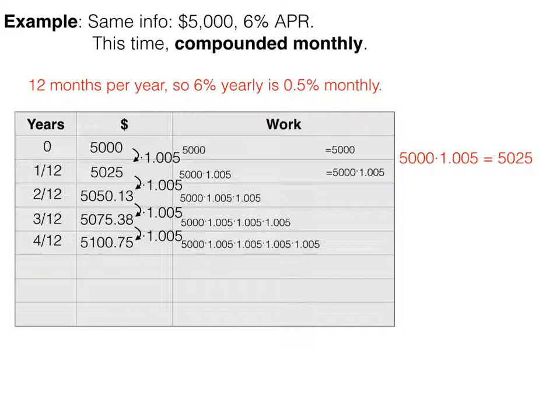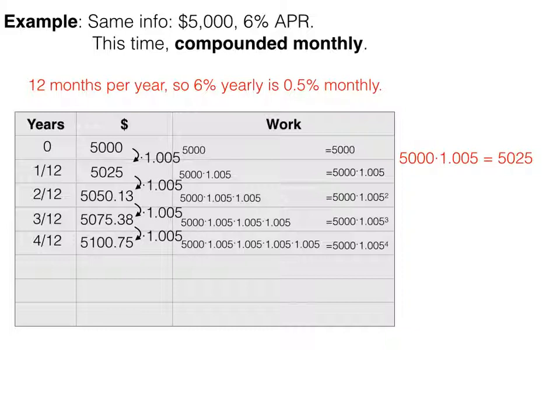So we see we can write it in a shorter way, just like we could before, using exponents because we have repeated multiplication. Now we have to find that connection between our years and the exponent. So when the years was 4/12, the exponent was 4. When the years was 3/12, the exponent was 3.